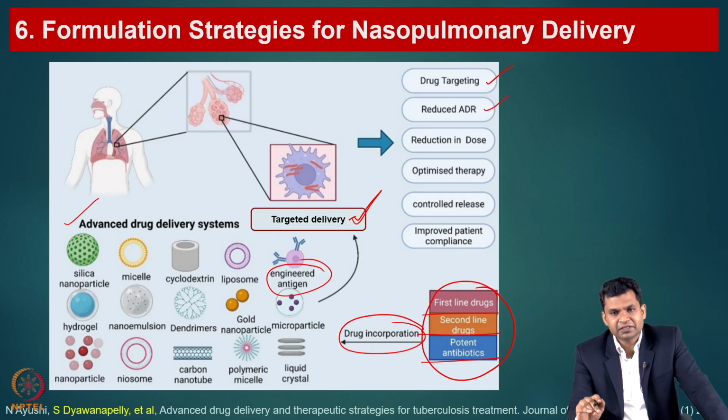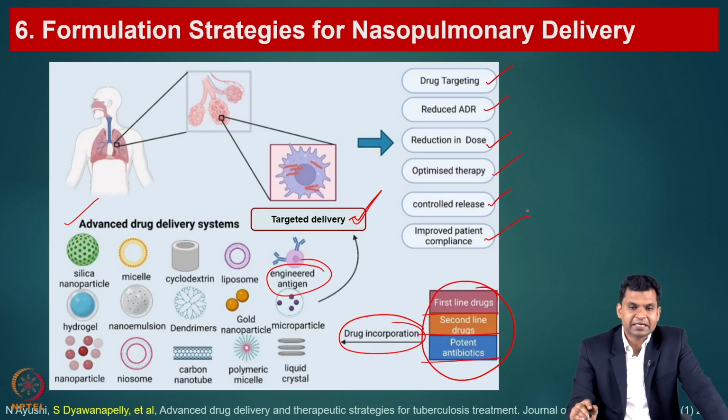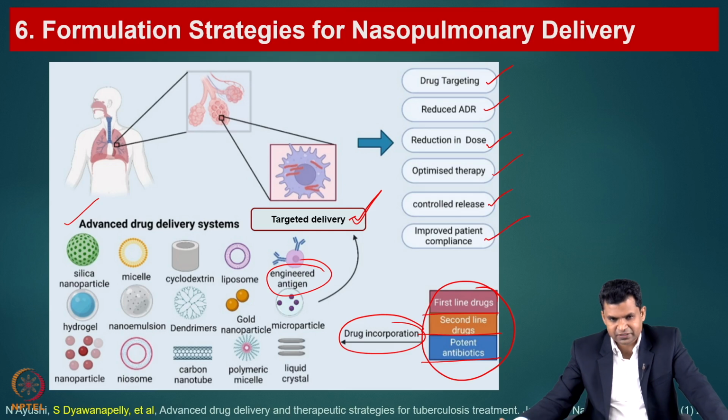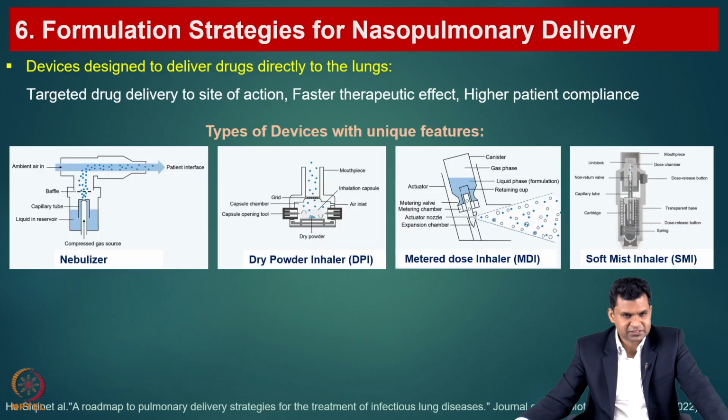TB creates multi-drug resistance, and in such cases also we can use them. We can also reduce the dose, improve the therapy, and expect controlled release. Ultimately, we can enhance patient compliance with targeted or advanced drug delivery systems.